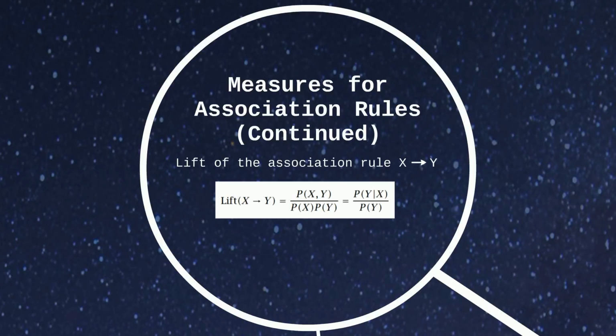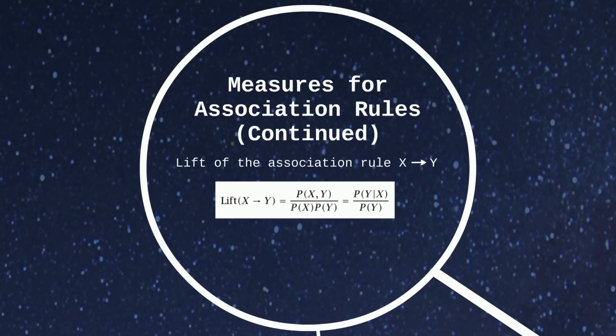If the lift is more than 1, we can say that x makes y more likely, and if the lift is less than 1, having x makes y less likely. So in our example where we had bananas and milk, if we had a large lift between those items, let's say a lift of 2 or 3, we could say that buying milk makes buying bananas more likely, or vice versa, buying bananas makes buying milk more likely.